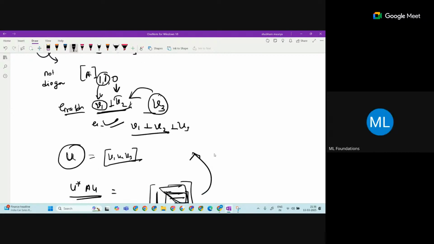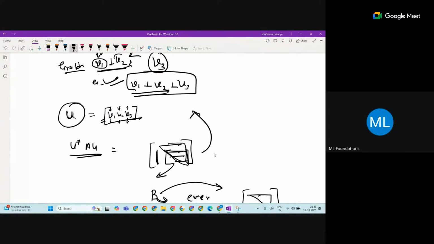Once they become orthonormal to each other, then form U, writing the vectors column-wise.